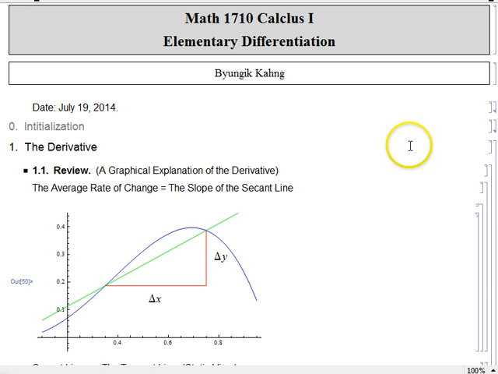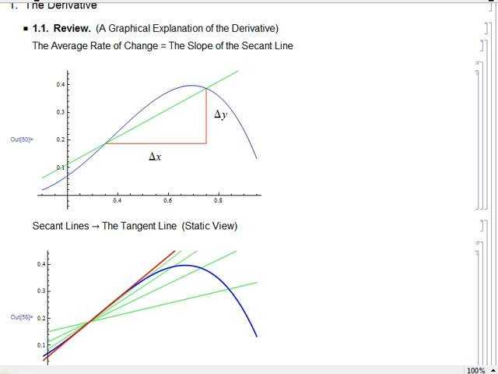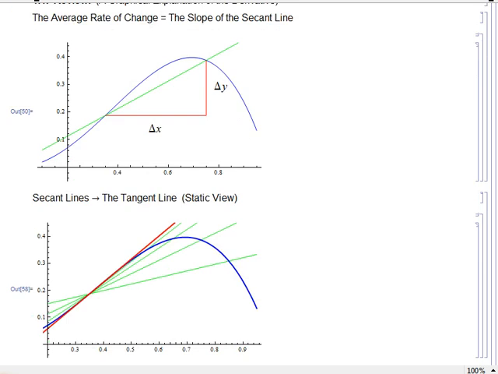So I hope everybody remembers these pictures. Slope of secant line, this green line, can be expressed as delta y over delta x, rise over run, difference of y coordinate over difference of x coordinate.